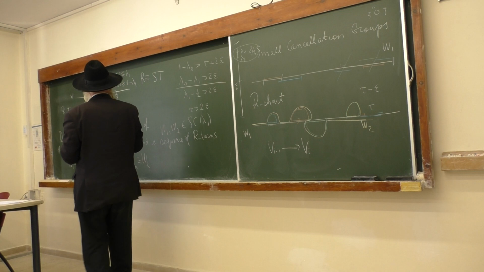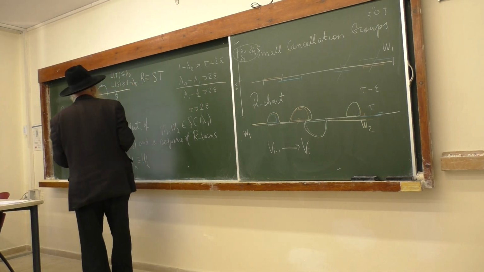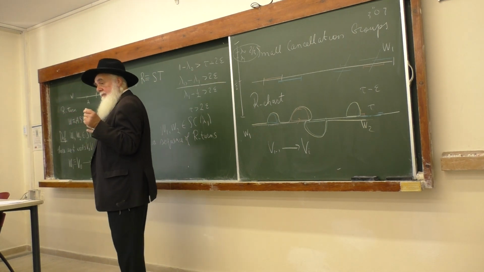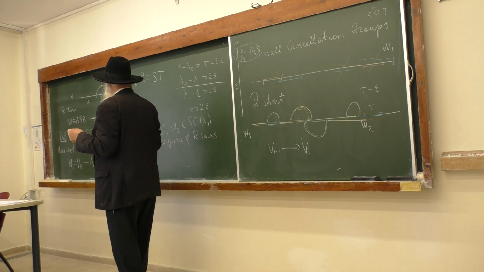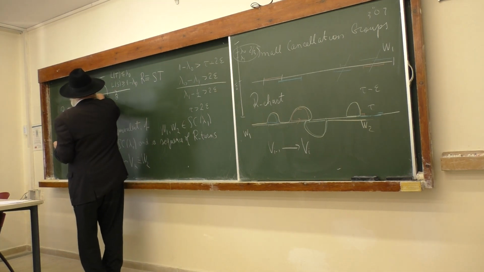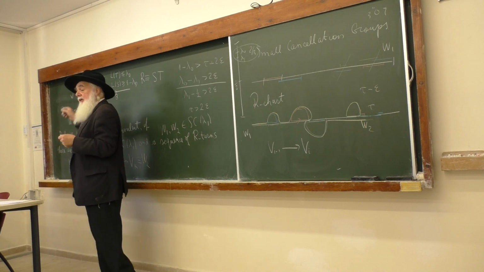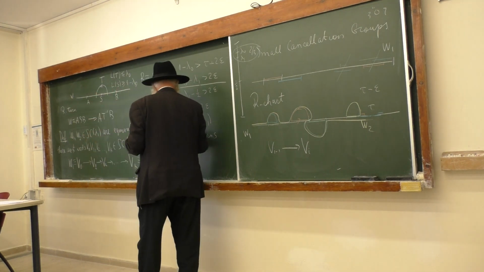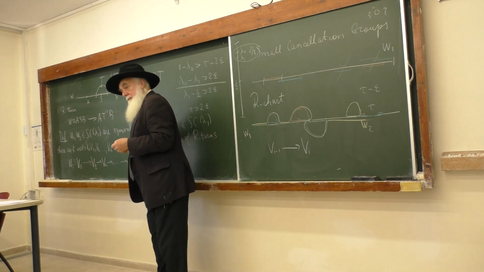Or, no, here it is lambda 0, we assume lambda 0. Lambda 0 is bigger than tau plus 2 epsilon. It means that this S could not be too short. If it would be short, then the turn would take us outside the class of S lambda 0.